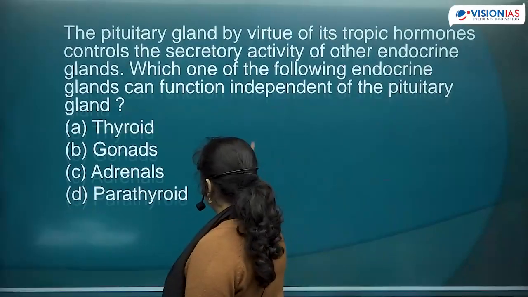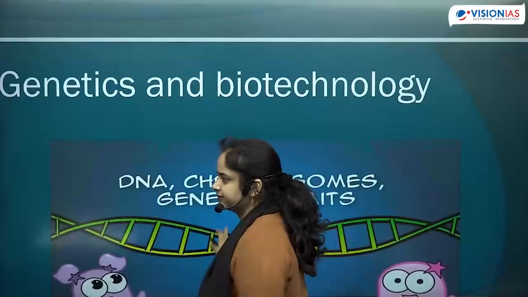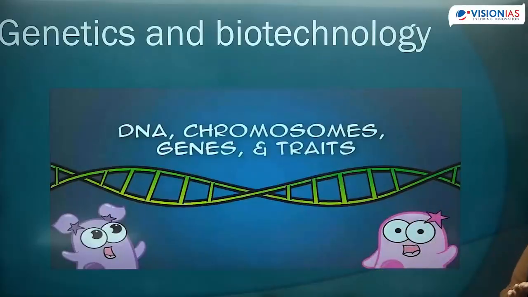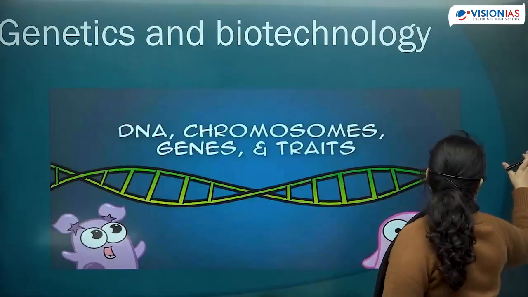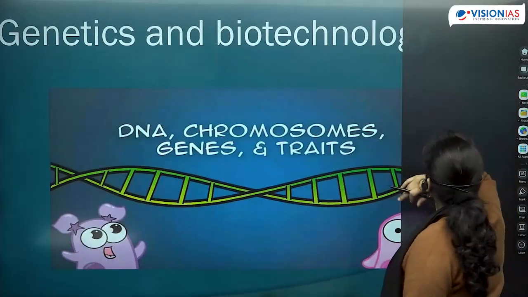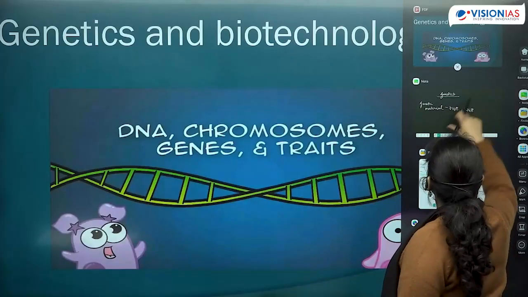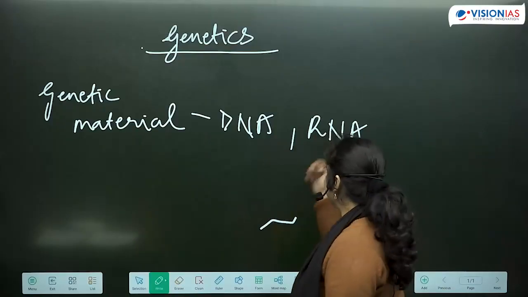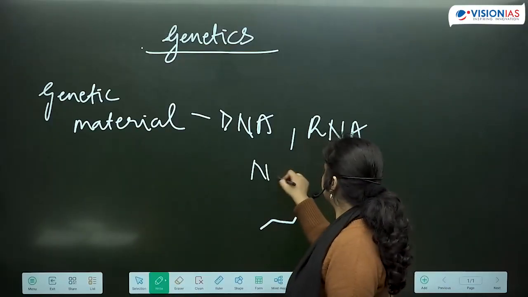Coming again to genetics. Now we have said that there is a genetic material and we are studying that, that is genetics. So we'll go further into seeing what is going to be there in the genetic material. This DNA and RNA, the Na part is nucleic acid.